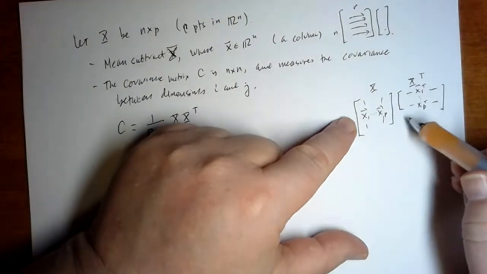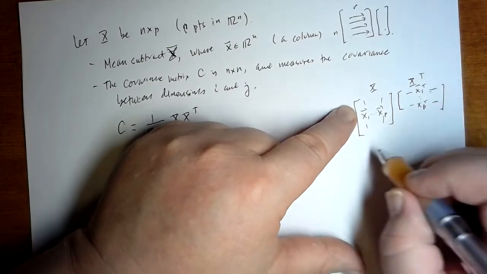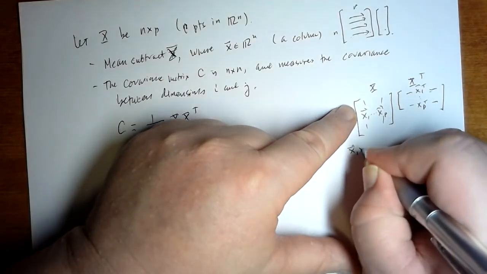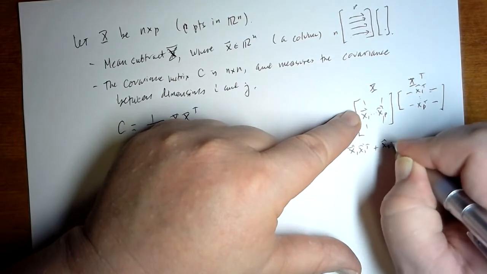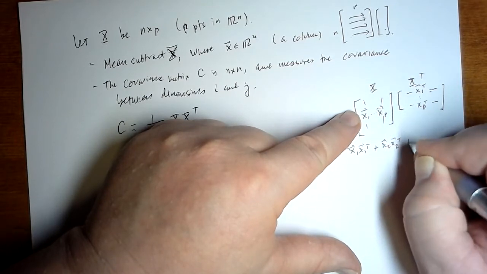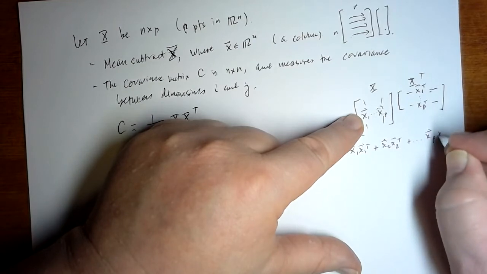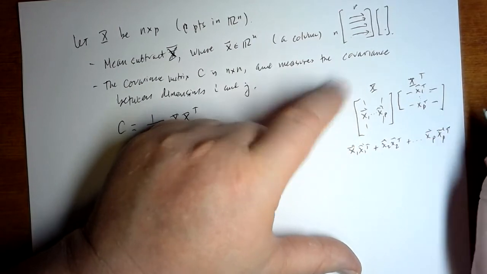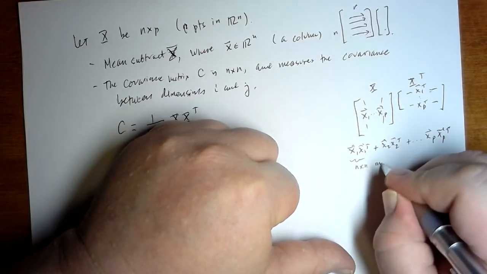When you compute this, you get x1 x1 transpose plus x2 x2 transpose plus through xp xp transpose. The thing to remember is that these are n by n matrices.